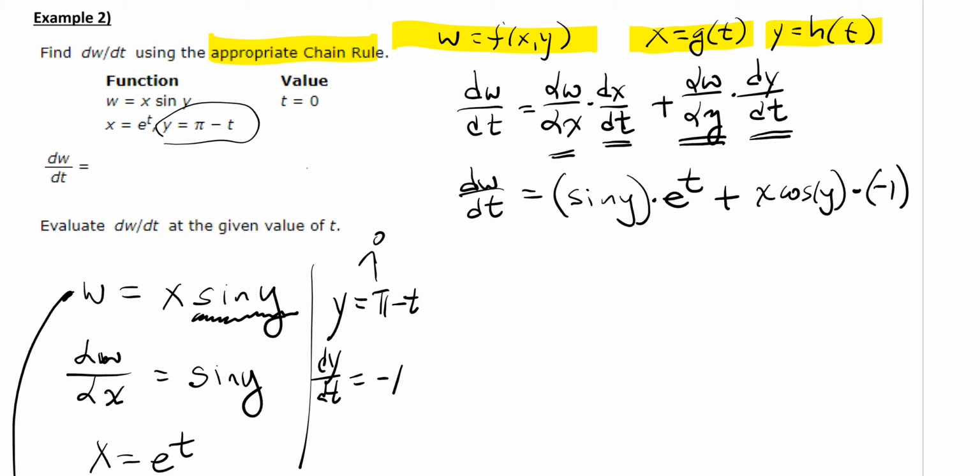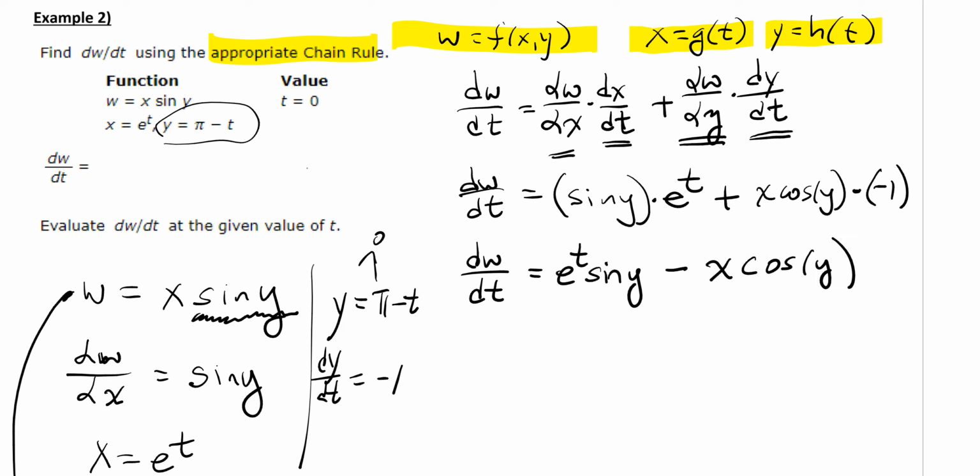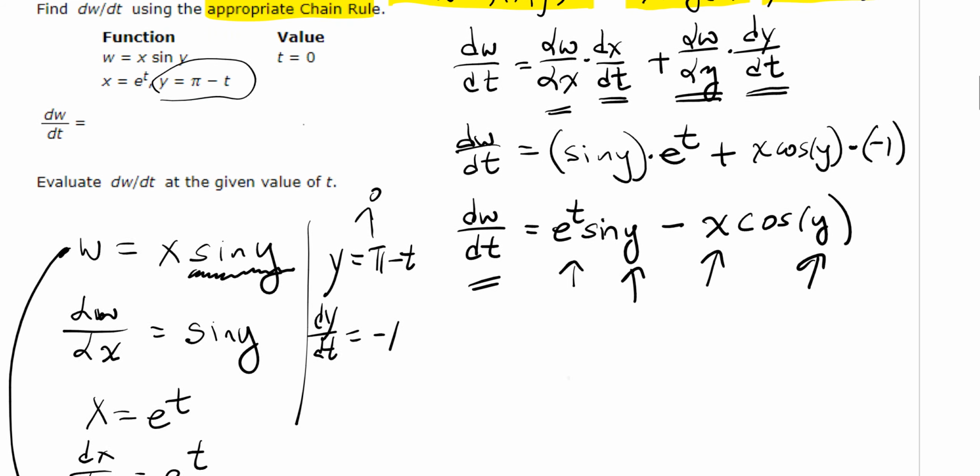So this is equal, or dw dt is equal to e to the t times the sine of y minus x cosine of y. So that is a formula for dw dt. It involves t and x and y. And we want to take it to where it involves t, in terms of t, and simplify it.